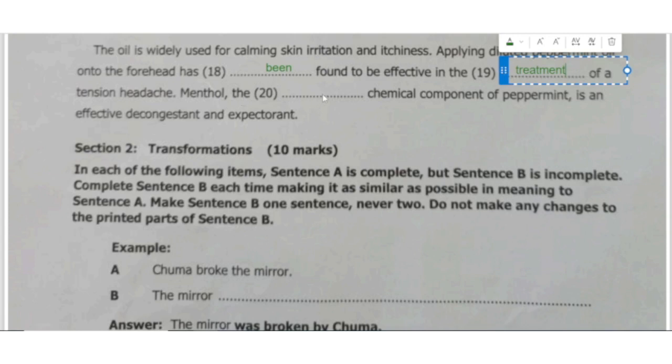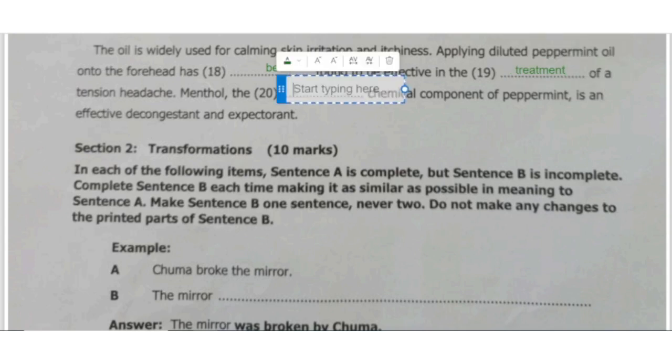Menthol, the dash chemical component of peppermint, is an effective decongestant and expectorant. Here a few more words can fit. The first one is many, but it can also be accepted if you write major.